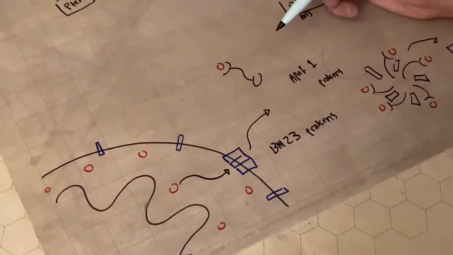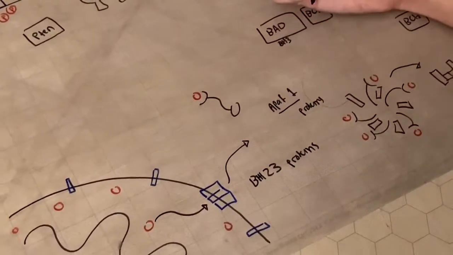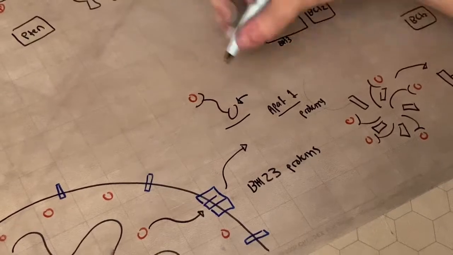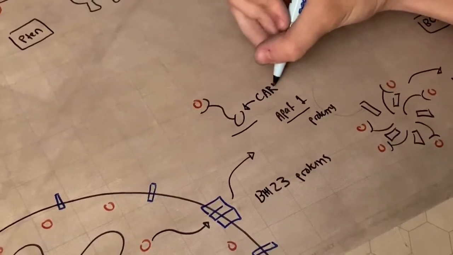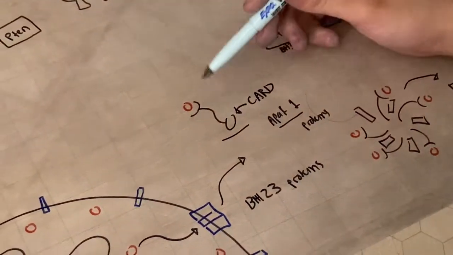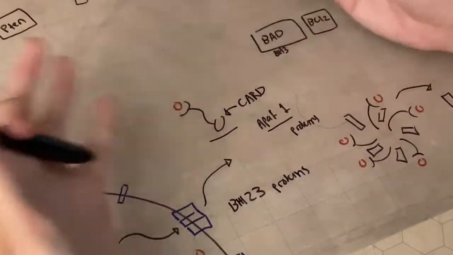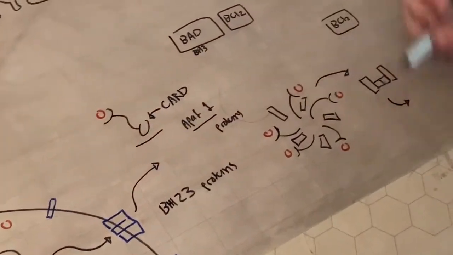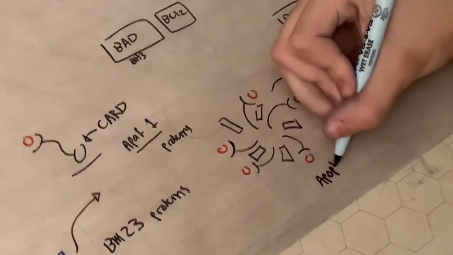When it leaves the matrix, it binds to APAF1 proteins, and the structure looks something like this. This here is a CARD domain. This structure finds a bunch of other structures because cytochrome C just evacuated the mitochondria, and they form this flower-like structure here. This is called an apoptosome.